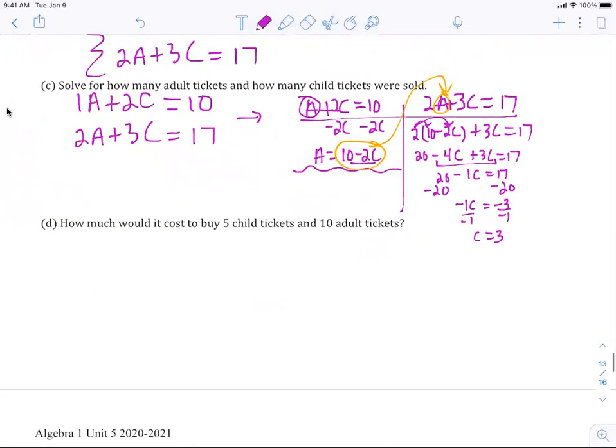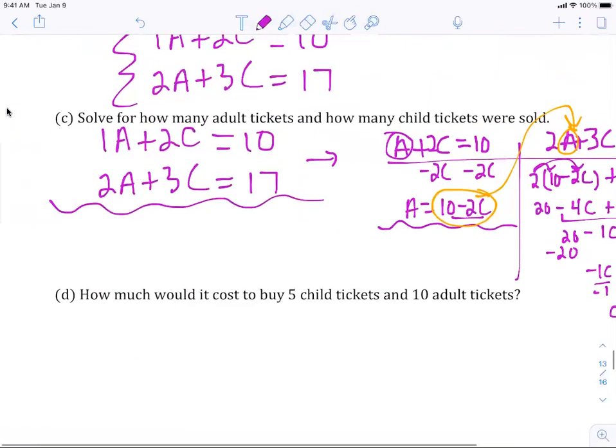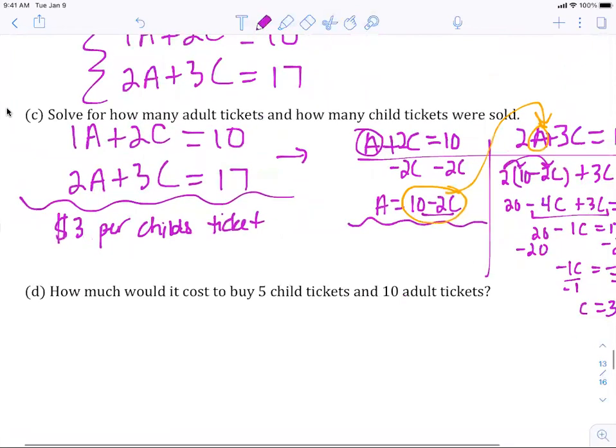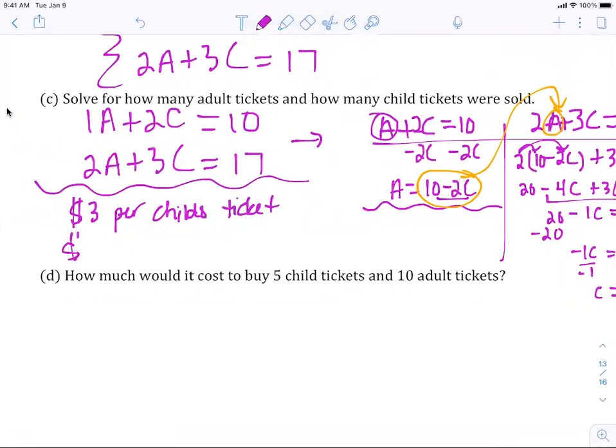So for the question that says how many child tickets were sold, for this particular type of problem, anytime it's a word problem, we're not going to write our answer as an ordered pair. We're just going to simply write it as a sentence. It's going to be $3 per child's ticket. And now we just have to figure out how much per adult ticket.